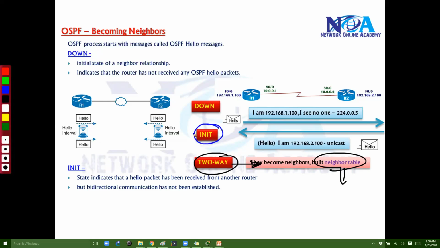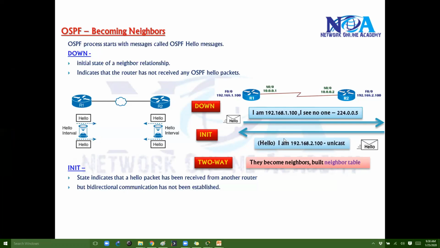Like I said, what is the init stage? The init stage indicates that the hello packet has been received from the other router. Mostly, when the router is in the init stage, you need to understand that bidirectional communication has not been established, meaning it's not complete. Once it completes, it will move to the next stage called the two-way stage. You can say the hello has been sent but not yet answered.